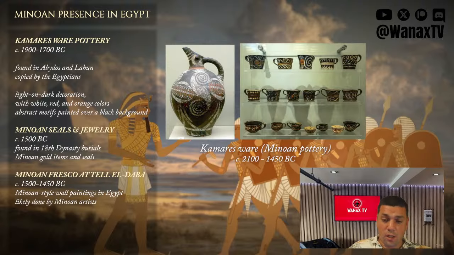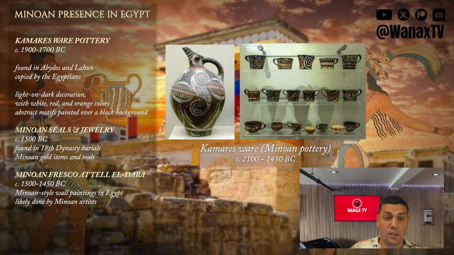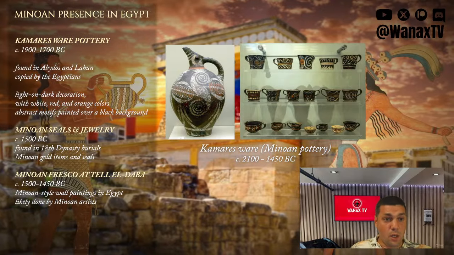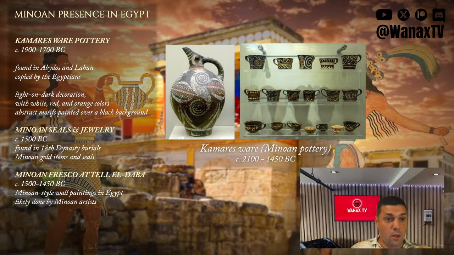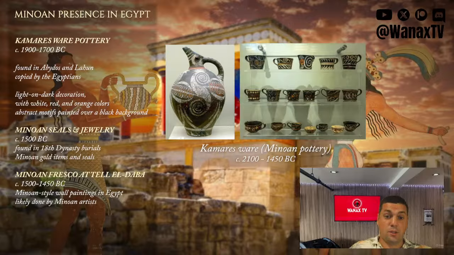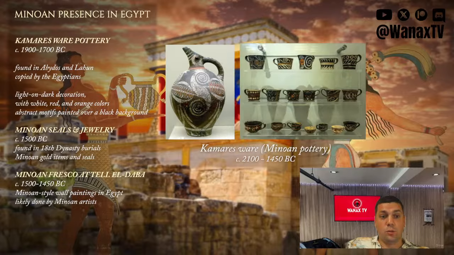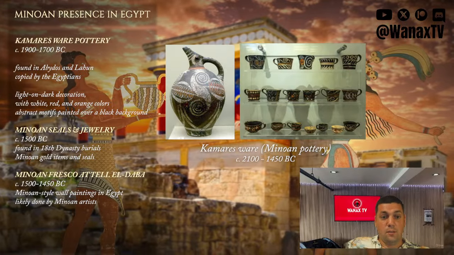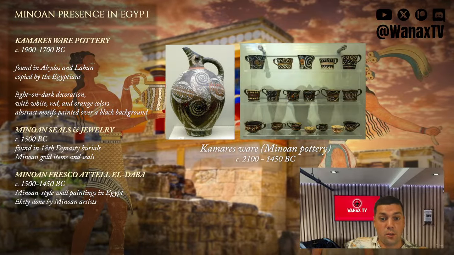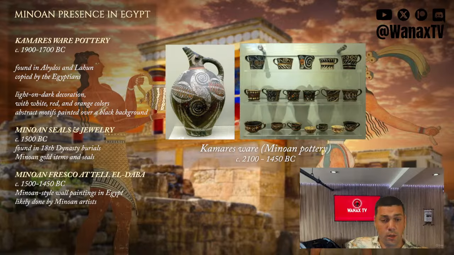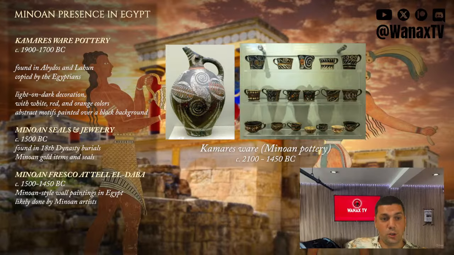So this is the pottery we're talking about, and this pottery is found in Egypt between 1900 and 1700 BC. It's found chiefly in places such as Abydos and Lahun, and it's copied by the Egyptians and then produced by the Egyptians locally, which just testifies to the level of prestige the Minoan artifacts held not only in Egypt but throughout the Near East, in the Levant also, in Cyprus unquestionably, and in mainland Greece as well.